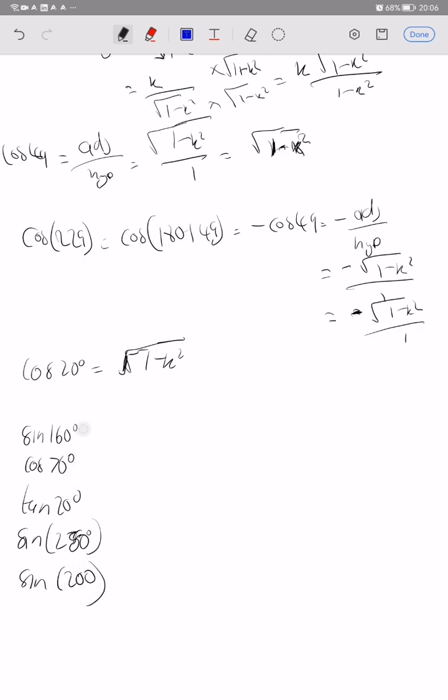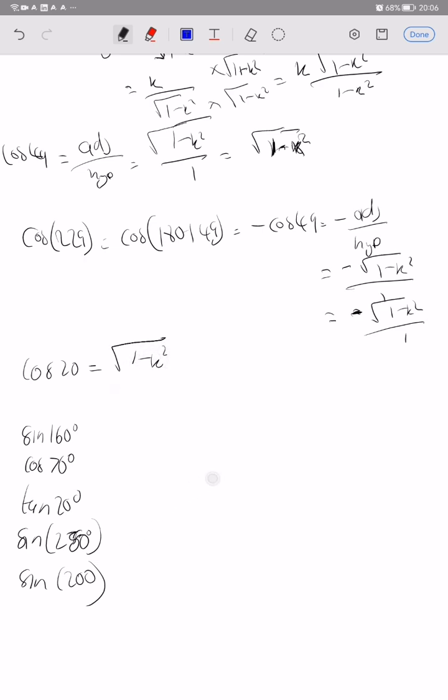Remember, we are writing everything in terms of k. Let me rewrite it, my handwriting is bad. So it's the square root of 1 minus k squared.